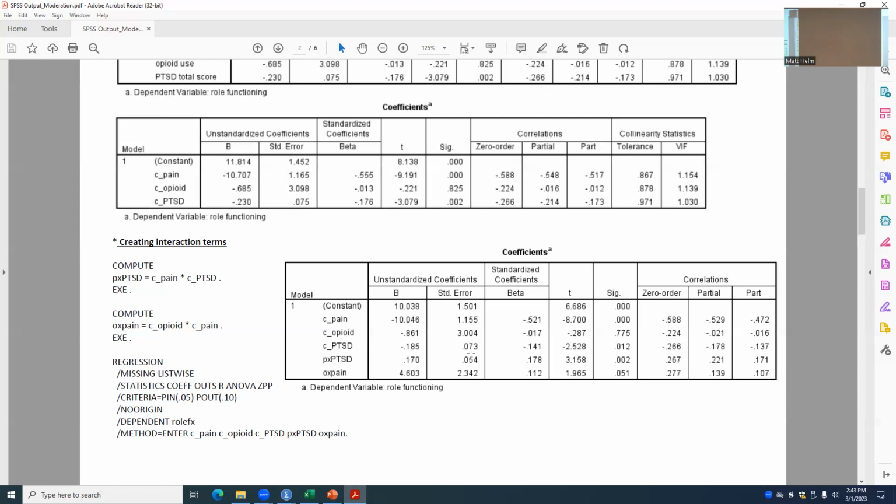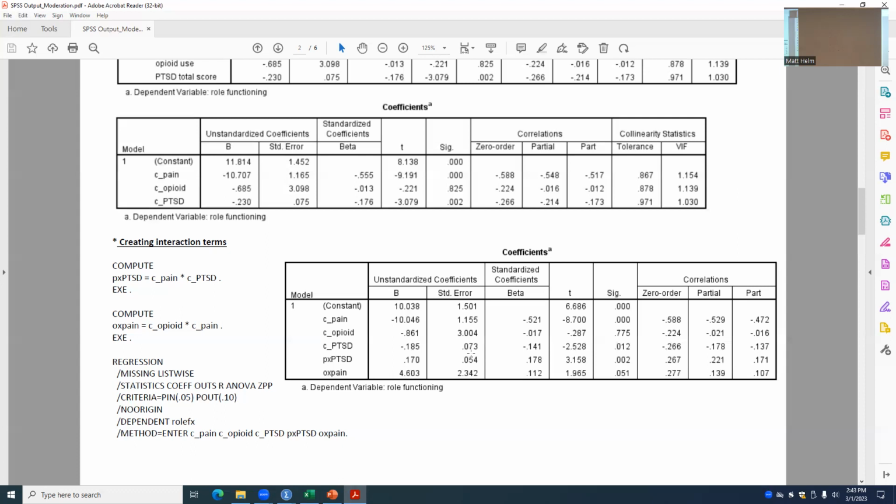So now all of these first order effects have very specific interpretations. If I were to change where the 0 point was for pain, opiate use, and PTSD in this same model, would these values change?